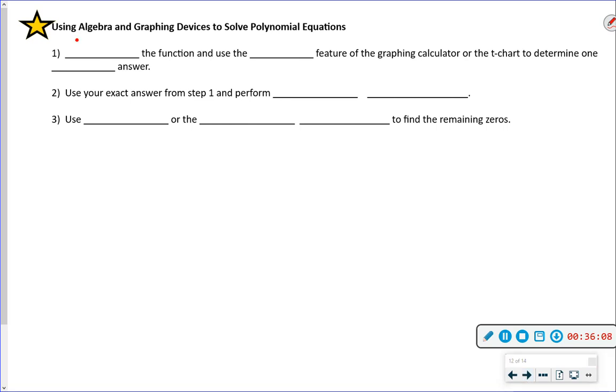Okay, so this is what we're going to start leading our way to. We're going to take a look at the graph on the old calculator. We're going to use our 0 feature. Remember, that's in second trace, the 0 feature, to determine one exact answer. There could be more. I just need at least one answer. We can then do our synthetic division.